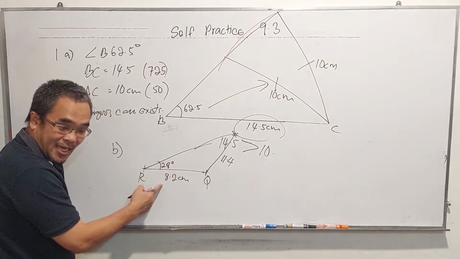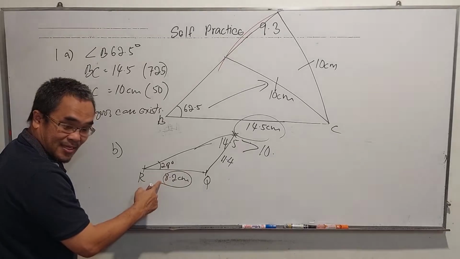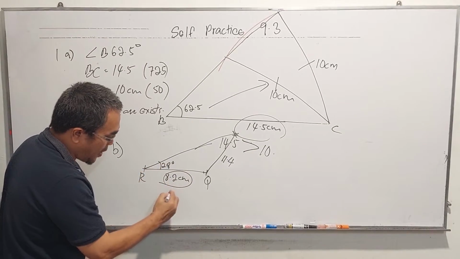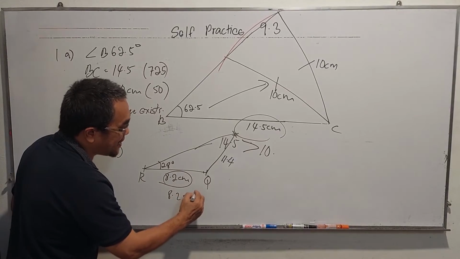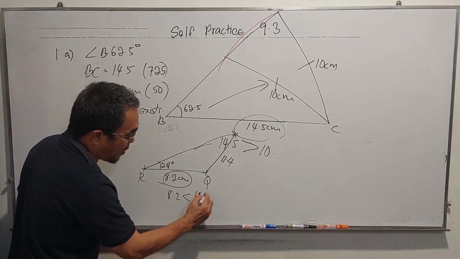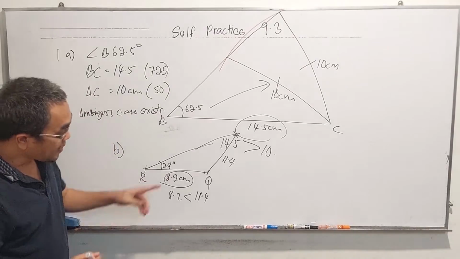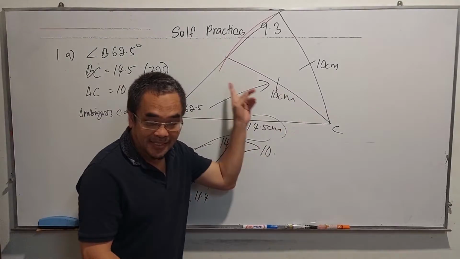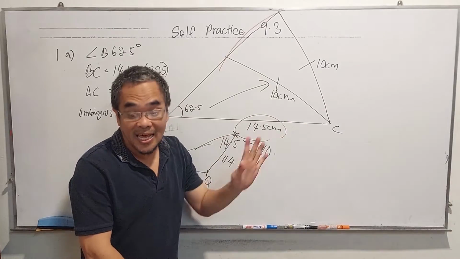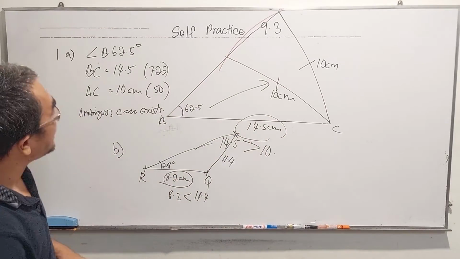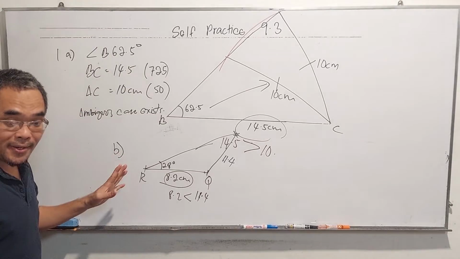So you see that the length beside the angle is shorter. So 8.2 is shorter than 11.4. So the ambiguous case does not exist. It means the two sides that the angle comes to do not exist there. Okay? Alright. Okay, that is with regard to number 1.